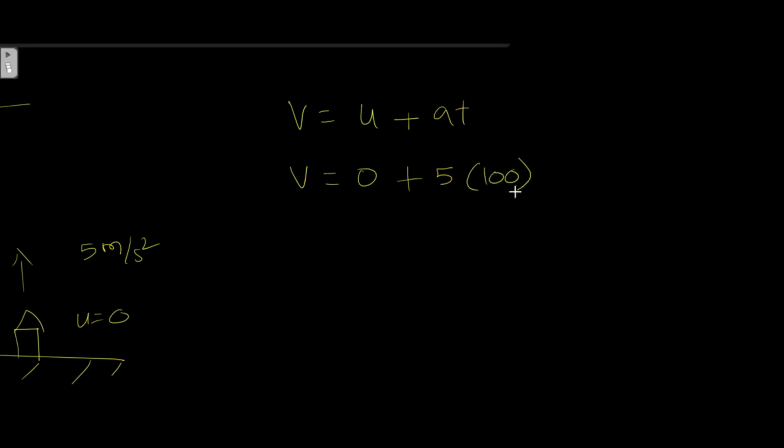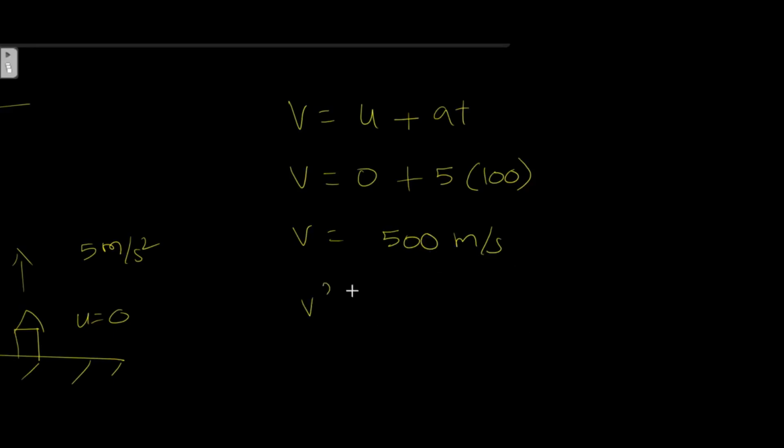Clear? After reaching 100 seconds, the velocity will be v equal to 500 meter per second. So the rocket has this much velocity, 500 meter per second, at some height. Clear? Then what is the height at this velocity?